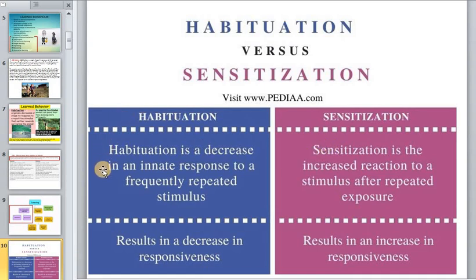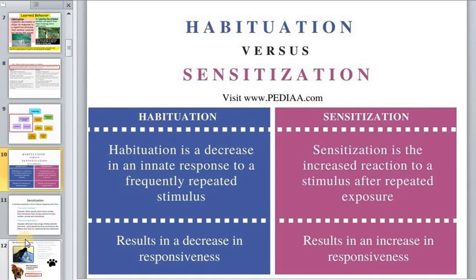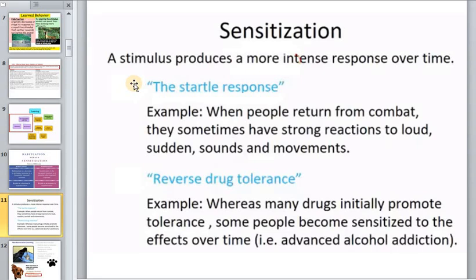Habituation is a decrease in innate response to a frequently repeated stimulus, and results in a decrease in responsiveness. Sensitization is the increased, not decreased, increased reaction to a stimulus after repeated exposure, and results in an increase in responsiveness. Sometimes we find it in humans.